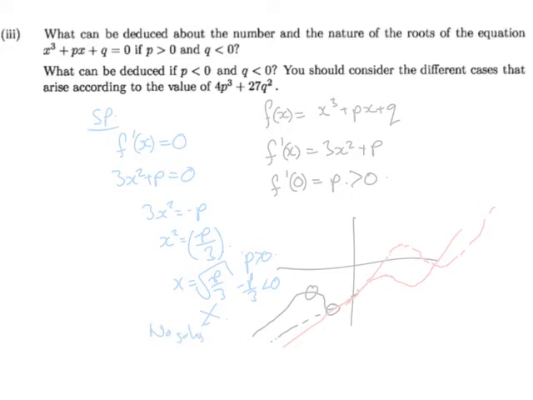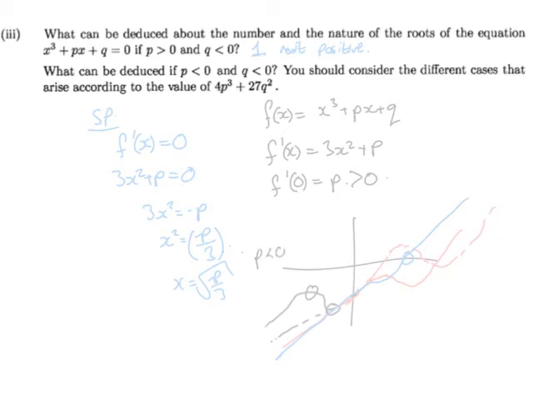So it's a bit like x cubed in that it never actually has a stationary point. Now that's good because it just gives us one positive root, and we can see that graphically really nicely.